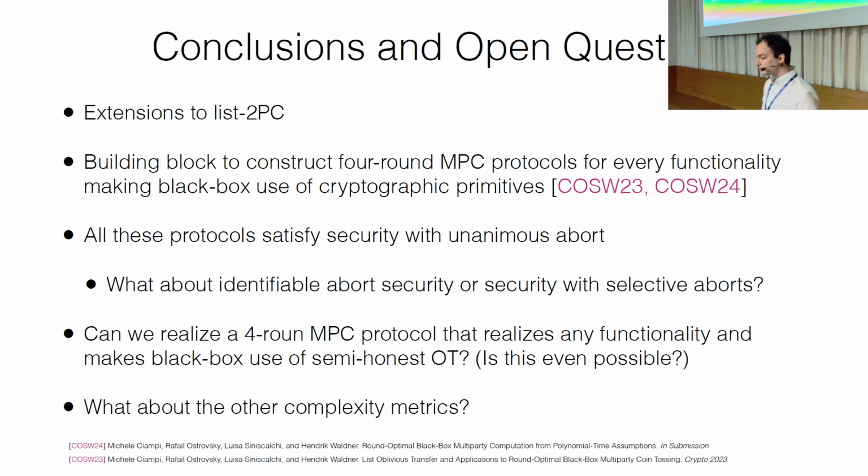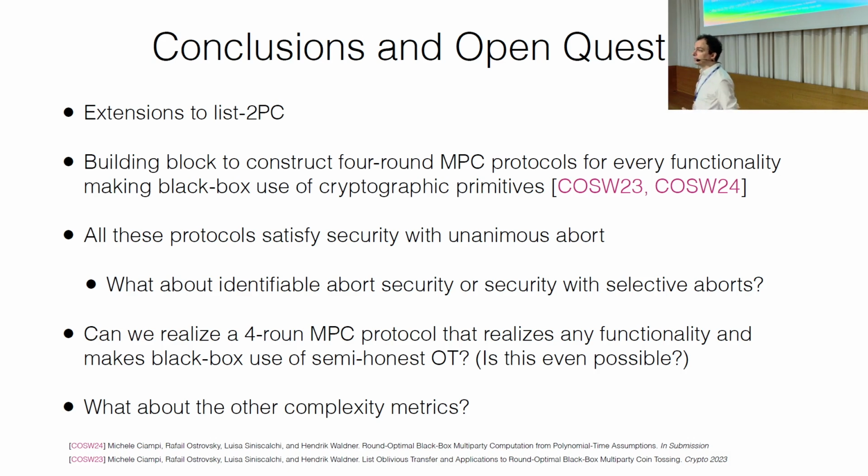And what we show is that this type of primitive, when combined together with other things which I'm not going to show you, actually leads to a 4-round protocol, which is optimal, that can be used to realize any functionality under the standard security definition that we all love, okay? Making black box use of the underlying primitives.